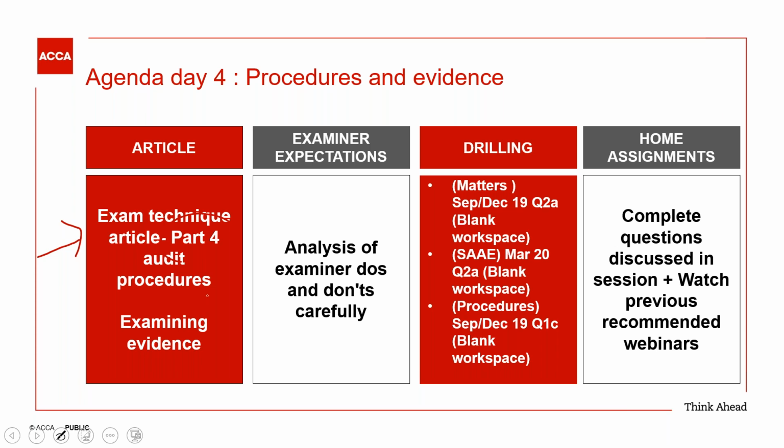If any student is still confused between what is a procedure and what is an evidence, this article examining evidence will really be a mind opener for all of you, that how and what is the difference between a procedure and an evidence. So you will get these 2 articles in the handout section shortly. So please download them and start reading them over the next 24 hours.